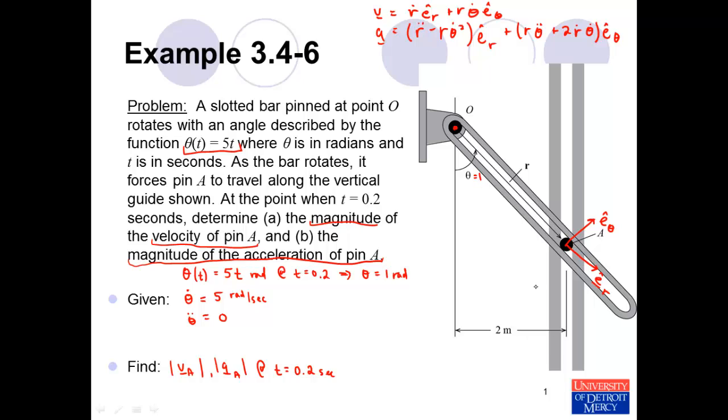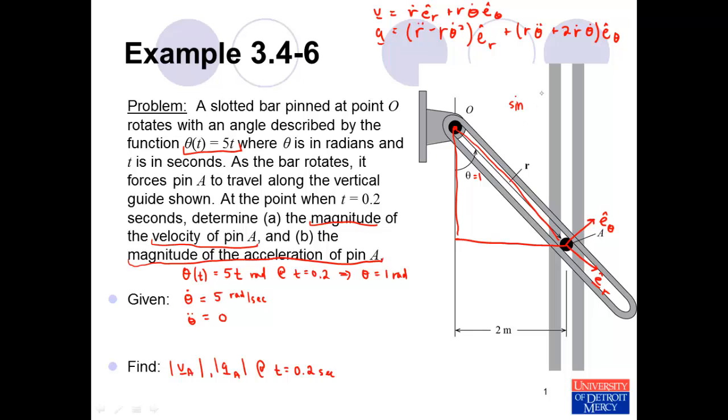We know what this distance is. And so between those two, we can set up a right triangle and find the magnitude of the hypotenuse, which is our radius. And since we have the opposite side and the angle in our right triangle, we can use sine to find the hypotenuse.